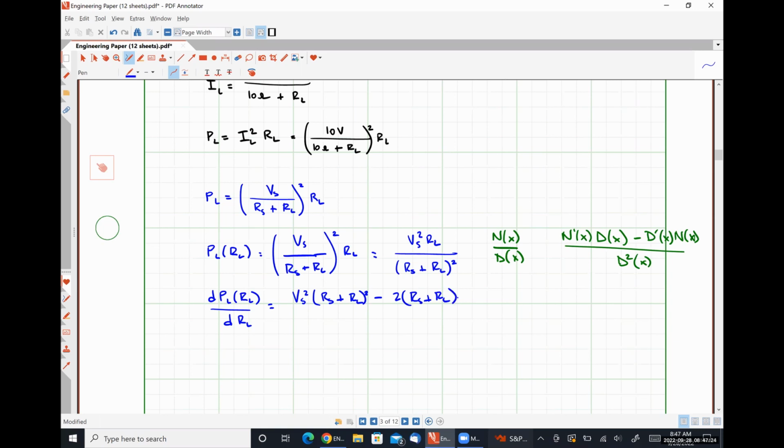And then we multiply by the numerator, which is Vs squared times RL. And then this is going to be Rs plus RL squared to the fourth power.